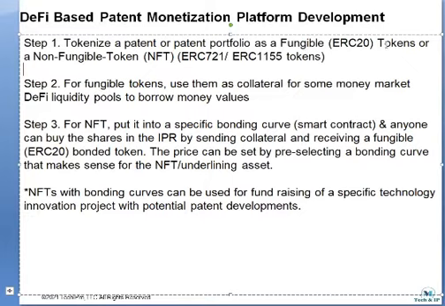So this is a fungible token, or you can monetize by putting the tokenized patent or patent portfolio in as a non-fungible token. Patent experts call it something like ERC 721, which is a standard. In the blockchain area there are several standards: fungible tokens have ERC 20, and non-fungible tokens are NFTs.